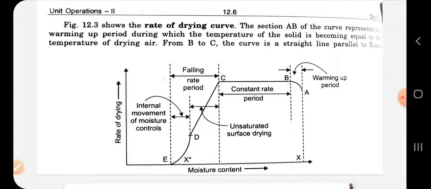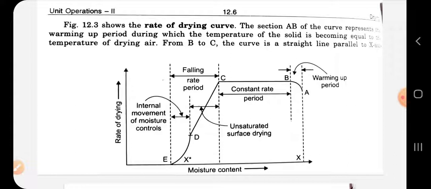Now from C to E is called the falling rate period. Inside that, the first falling rate period is from point C to point D. Starting from point C, some dry patches of solid have started to form on the solid. So the wet solid containing moisture now shows some dry patches on the surface, which signifies that drying is taking place.